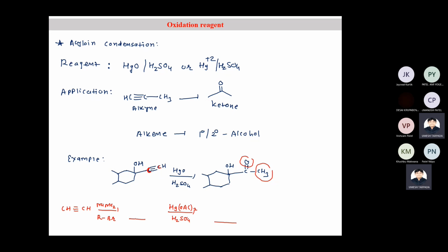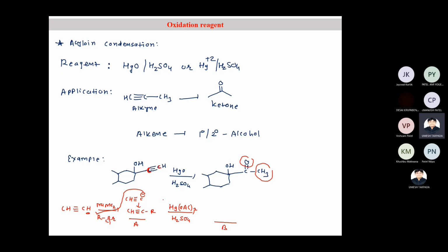So how to find out product A and product B? So see, NaNH2 abstracts this proton. So you are getting CH triple bond C minus, and now this is added to alkyl bromide. So you are getting CH triple bond CR in this way.